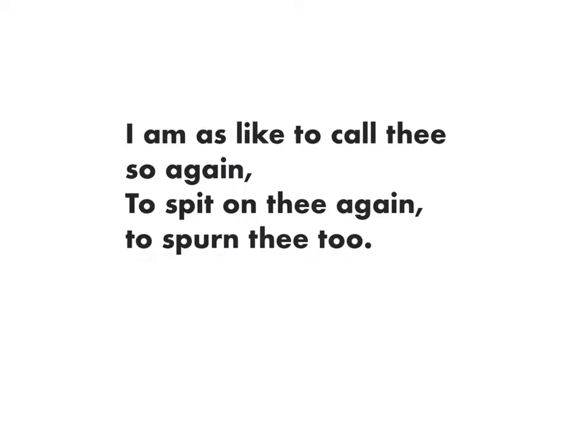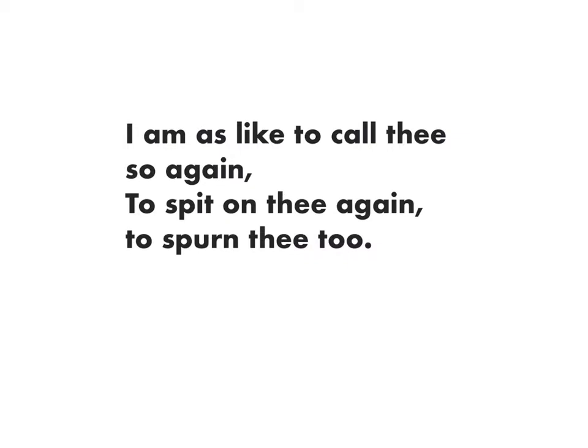After Shylock's powerful speech, however, Antonio reacts in a way that suggests he's totally unsympathetic. He says, "I am as like to call thee so again, to spit on thee again, to spurn thee too." We can use this to develop our last point. We see Shylock as a victim, and our sympathy with him is increased because of how Antonio is completely unmoved by Shylock's speech.